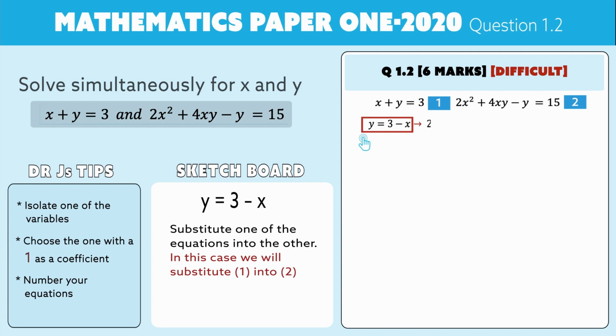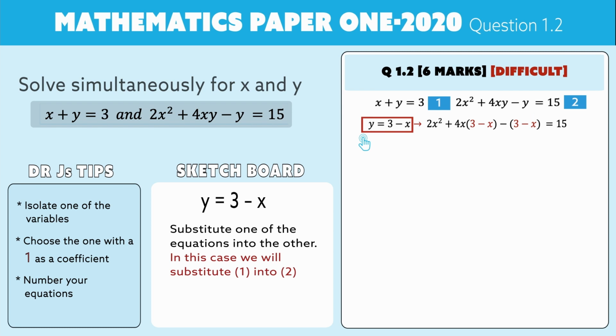So I get 2x squared plus 4x multiplied by that y, minus the second y over here, remember there are two y's, is equal to 15. And now I can start the substitution: 3 minus x, and then also 3 minus x over here.